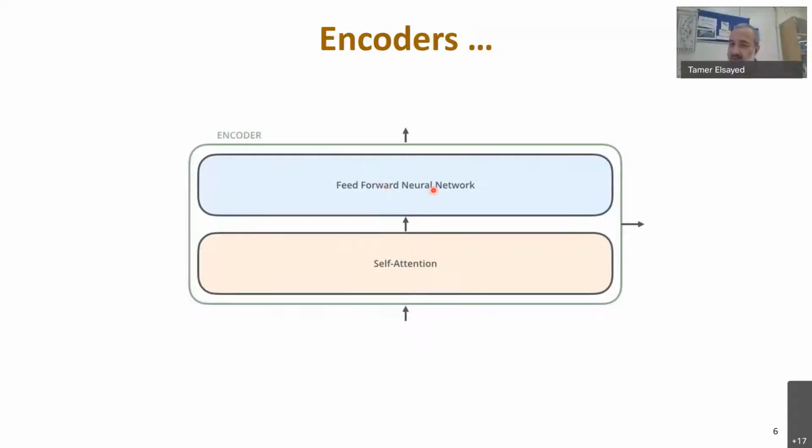I think you are familiar with feed-forward neural networks. This is a standard neural network that has, in general, multiple layers. Here, I think in the transformer, they are just using two layers. But we don't care exactly about the number of neural network layers within the feed-forward sublayer, but we'll just use it as a black box.